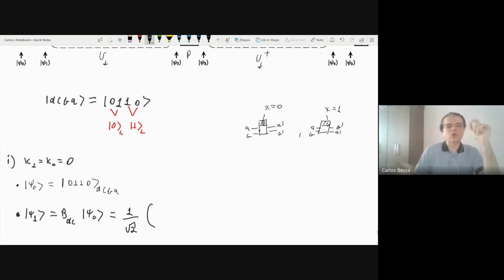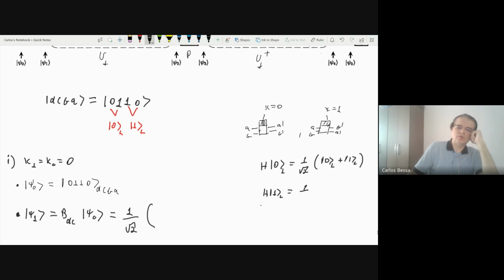0 plus 1. Just to remember here, Hadamard applied to the logical 0 gives 0 plus 1. And Hadamard applied to logical 1 gives 0 minus 1. Okay? But this is my DC, so it's applied in the DC wire. This is the 0 logical.